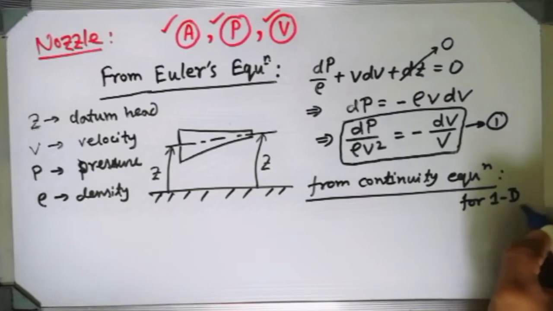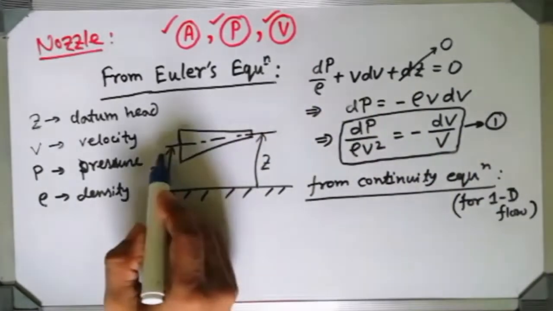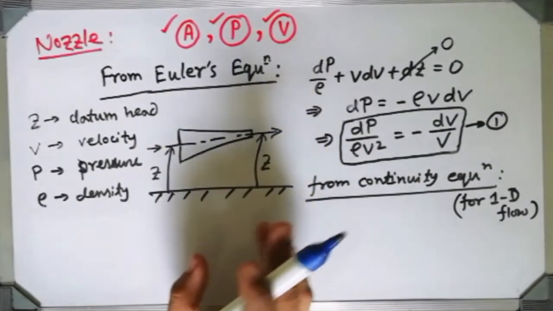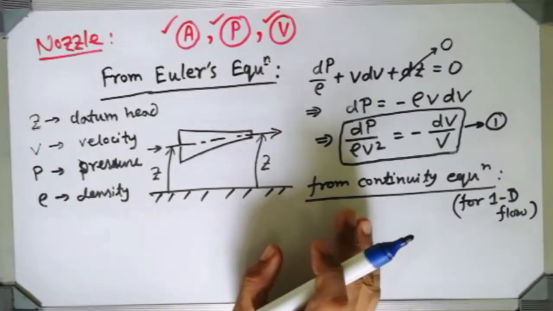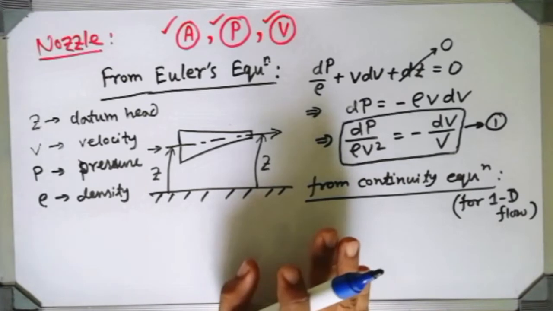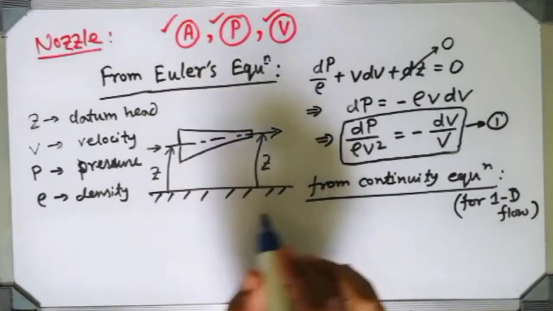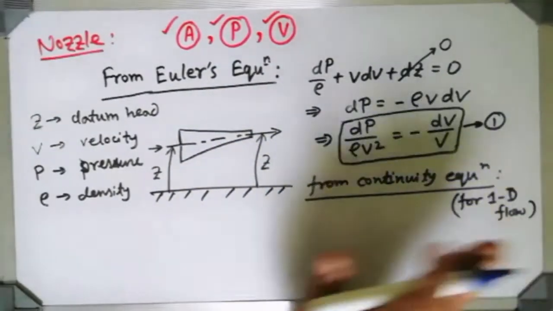While the fluid is flowing from here to there, we are considering there is only one directional flow. Obviously in real life one directional flow does not exist. All the time the flow occurs in 3 dimensions, x, y and z, but for simplicity we are assuming the flow is in one direction.